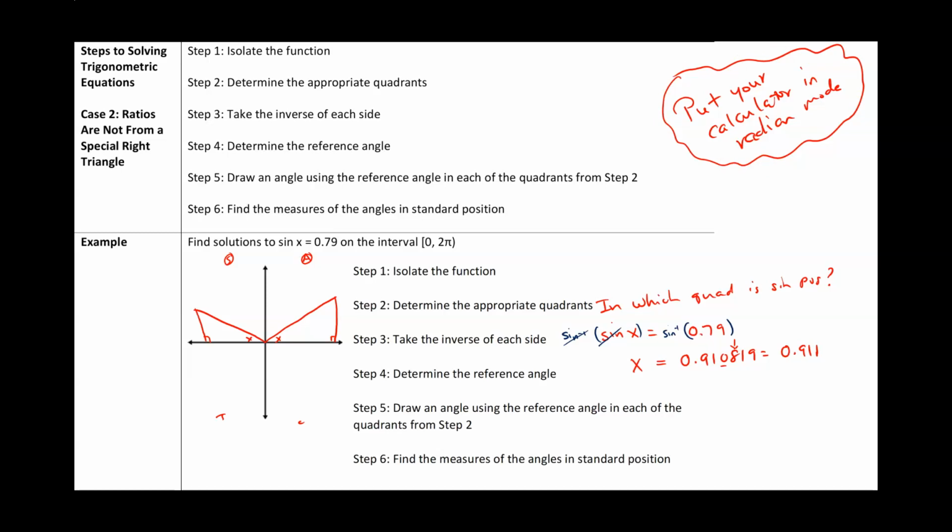But put your calculator in radian mode. If you don't, your answer will be in degrees, and it'll cause an incorrect answer or an extra step for you to convert from degrees to radians. So put your calculator in radian mode before you take the inverse of both sides. Do this yourself and make sure you get 0.911 radians. So our reference angle is going to be 0.911.